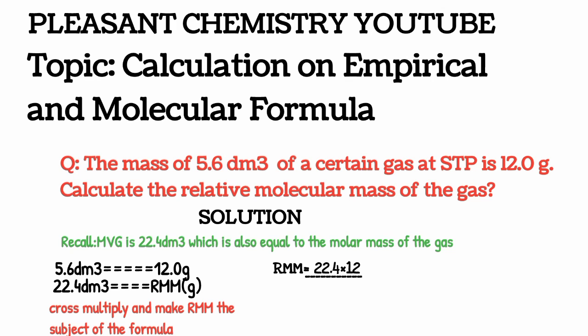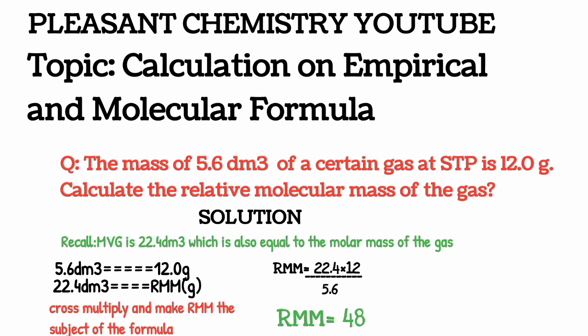You know what cross multiplication means: we multiply in a diagonal way. 22.4 dm³ multiplied by 12, then 5.6 dm³ multiplied by RMM. By the time we make RMM the subject of the formula, we are going to have 22.4 dm³ times 12 divided by 5.6. At the end of the day, our final answer is 48.